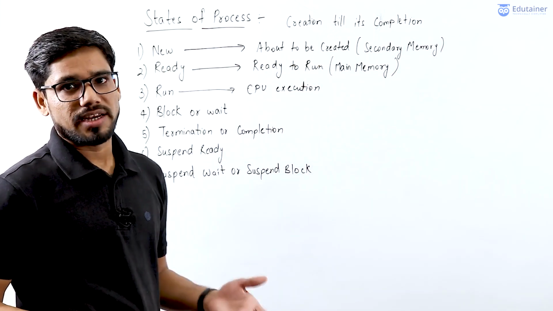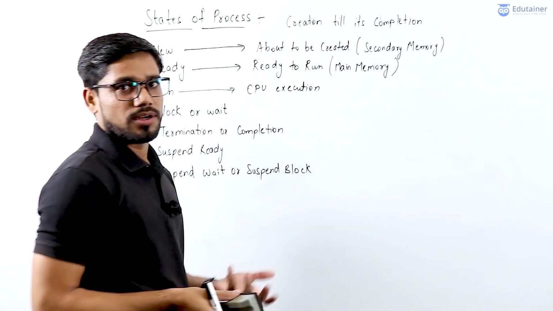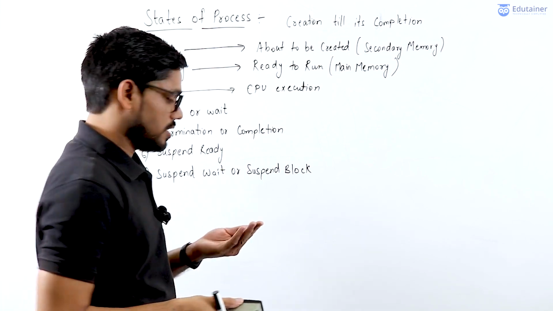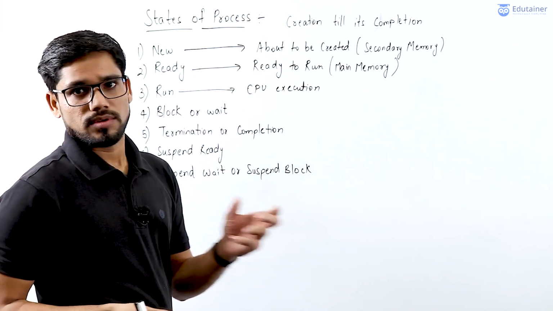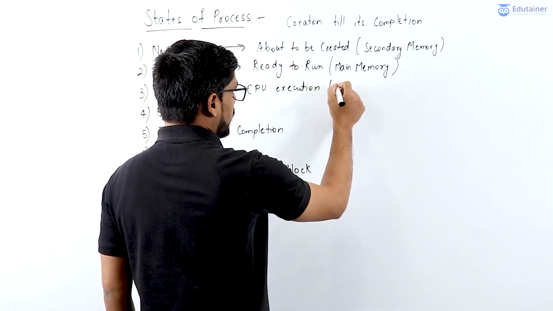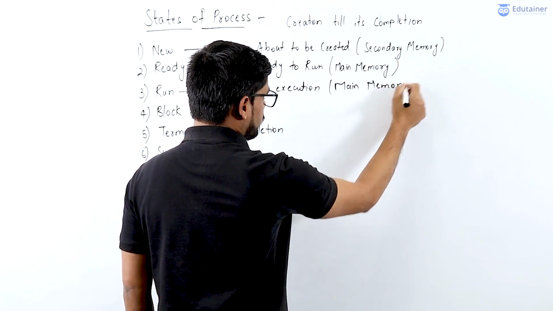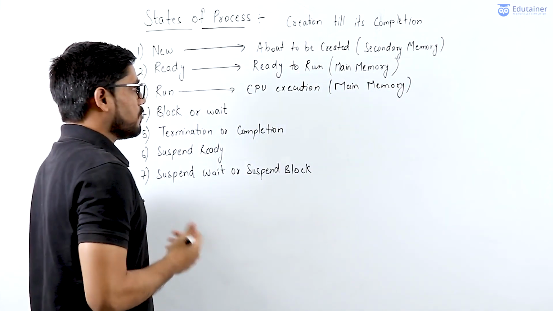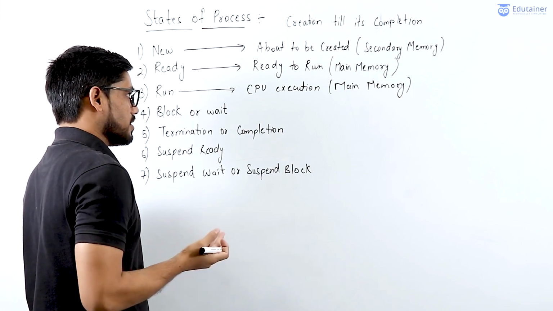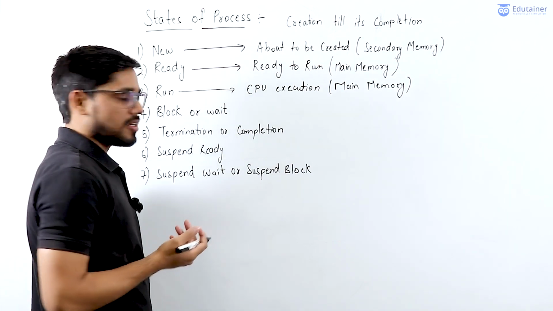It will be decided by the operating system, okay, and then it will execute its particular task, and after executing the task, it will finish. So the run state is also present in main memory.